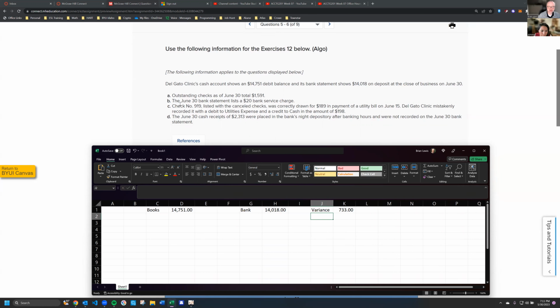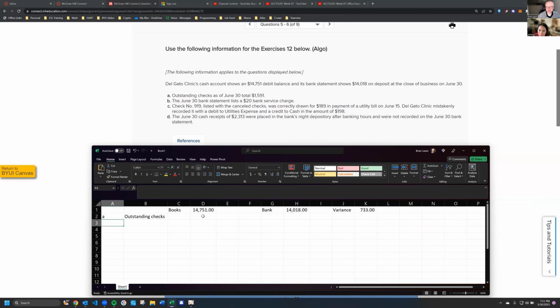Now, what you have to do is go through each of these different issues, potential differences, and assign them either to the bank side or to the book side. So for example, A. All right, this is outstanding checks, and it's a deduct.